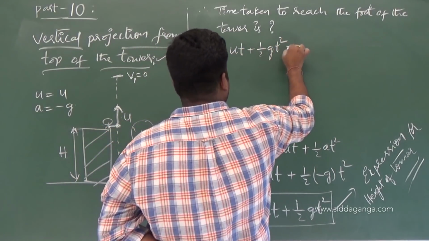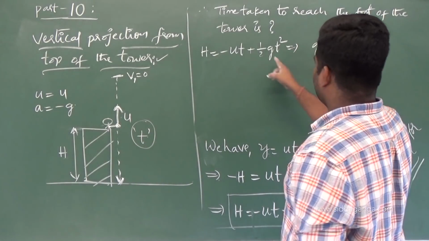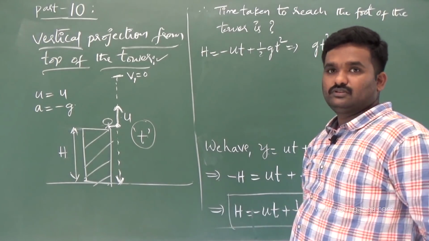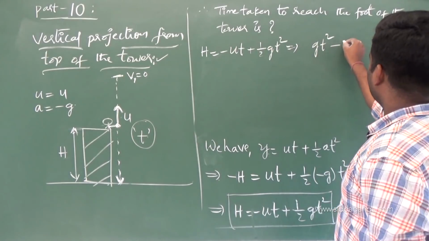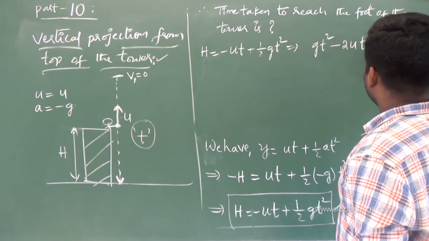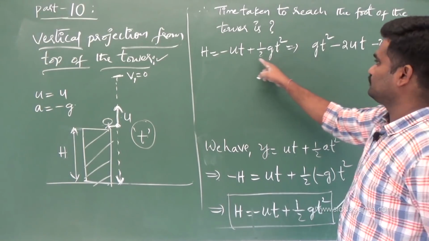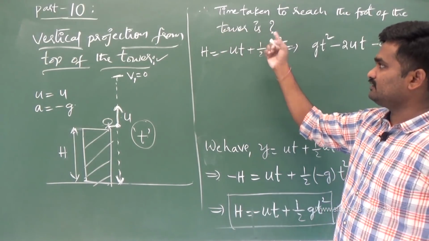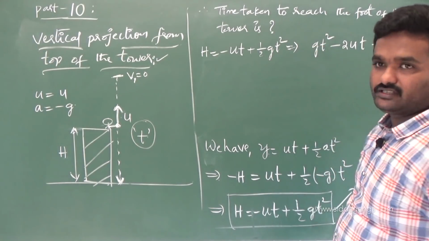I am going to rewrite this equation into this form. I can rewrite this as gt square. I am going to take the LCM as 2 and simplify this equation. What you will get? Gt square minus 2ut minus 2h equals 0. Taking 2h to the other side, we will get minus 2h into g.